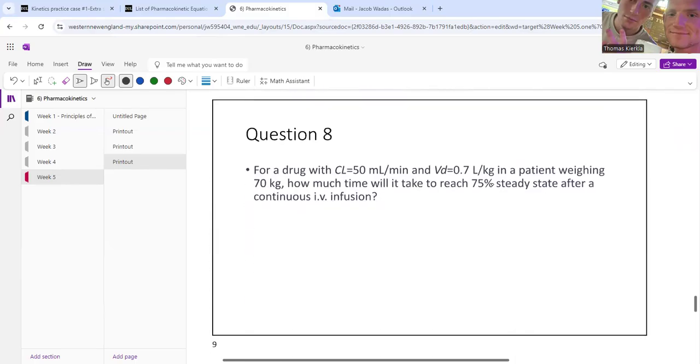All right, so which equation are we going to use for number 8? We've got to go to our equation sheet. Maybe I'll find K first.